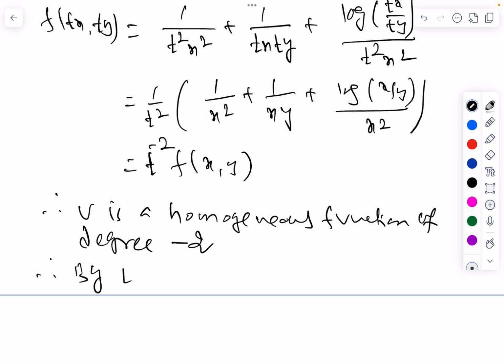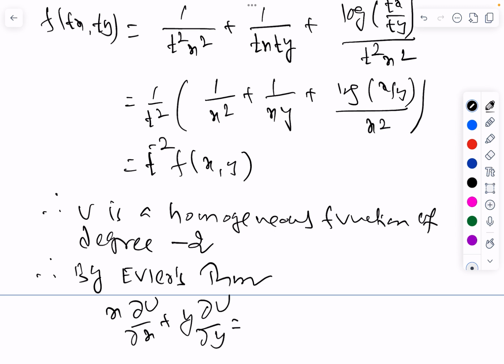Therefore, by Euler's theorem, x times del u by del x plus y times del u by del y equal to n times u, and n is minus 2. So minus 2 times u.